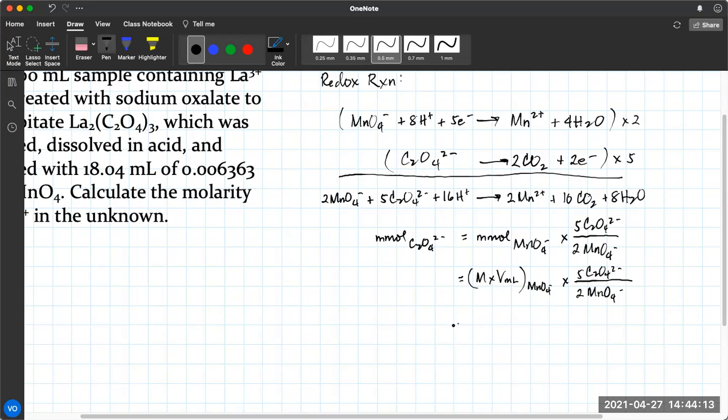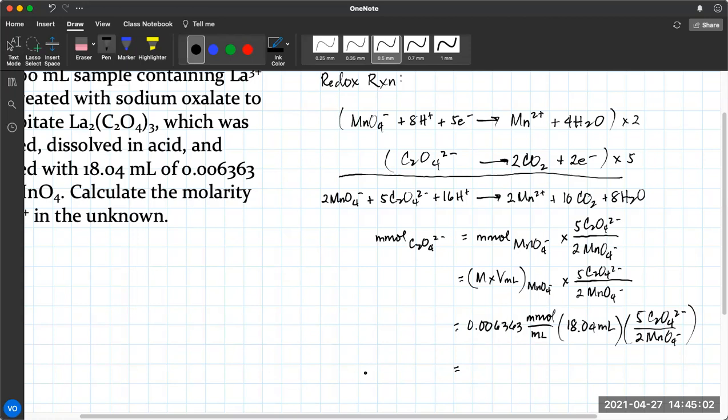Substituting the values, we have 0.006363 millimoles per ml of permanganate, times we used 18.04 ml, times our stoichiometric factor, so this is times 5 halves: 5 C2O4 2 minus divided by 2 permanganate.